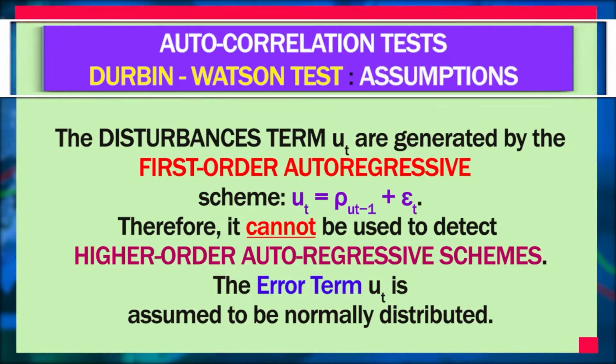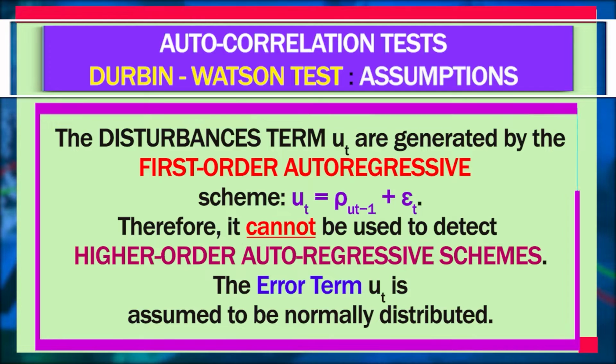Similarly, there should not be any missing observations in the data, because missing observations might pose a problem for the statistical significance of the d-statistic, as degrees of freedom might be affected. So this is one of the crucial assumptions. Apart from that, the error term should follow a first order autoregressive structure. That means ut will be a function of ut minus 1 and not ut minus 2 or any higher order.